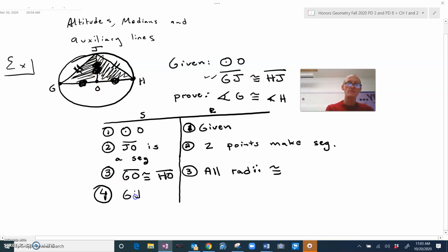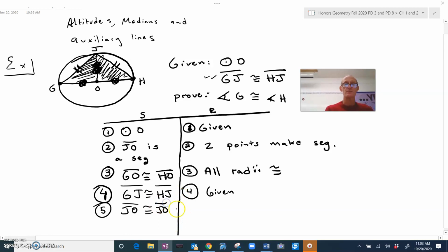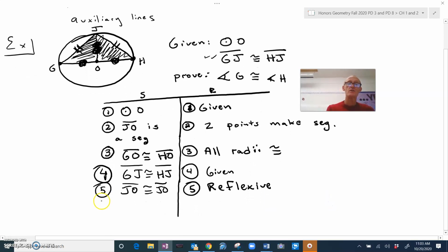So GJ congruent to HJ. That was given. And then we'll get JO congruent to JO by reflexive. Extend the T there. And that's reflexive. And then triangle JOG is congruent to triangle JOH.